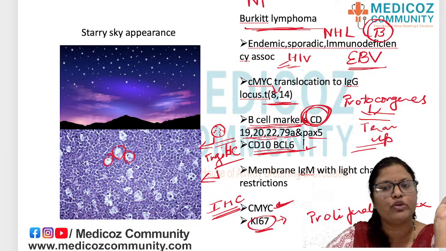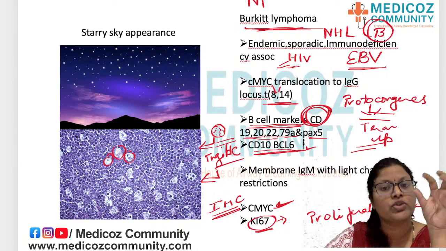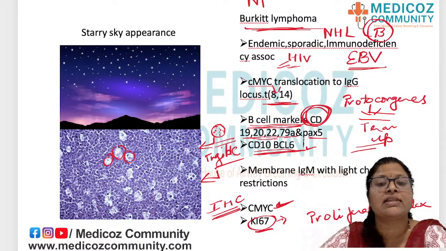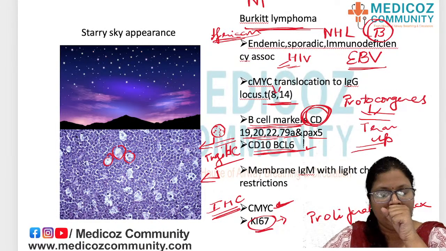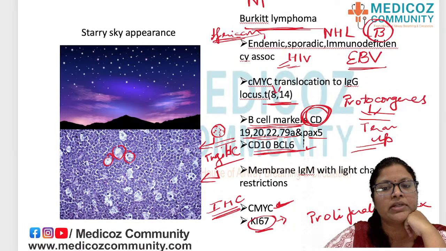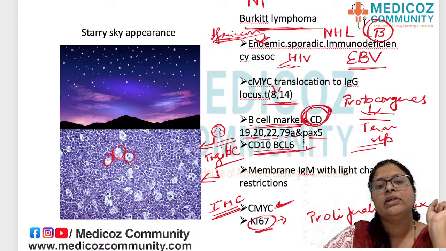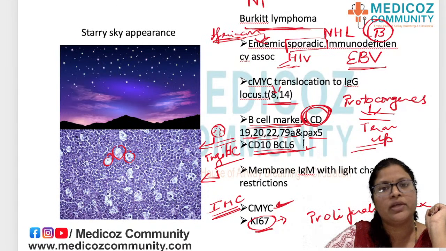It's a B-cell lymphoma. It occurs in endemic, sporadic and immunodeficiency-associated forms. If the history tells you it is an African child, it is more common in this geographic location and there it is endemic, especially with malaria. Sporadic forms have no such predilection; they can occur anywhere and at any age, usually in children.